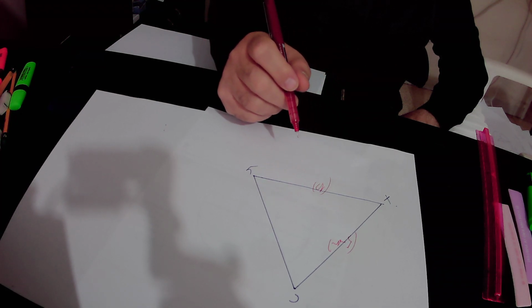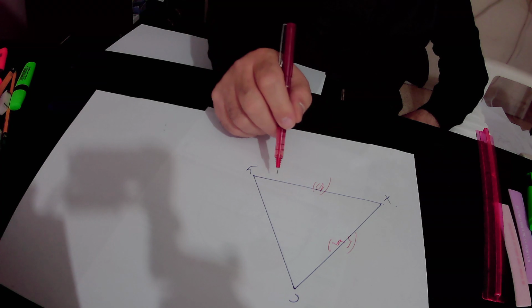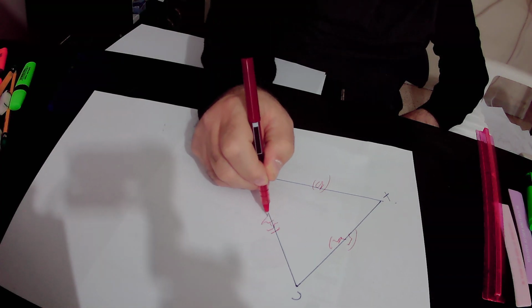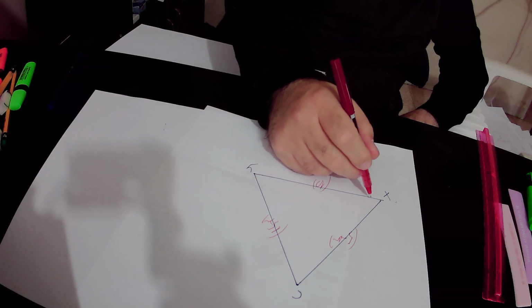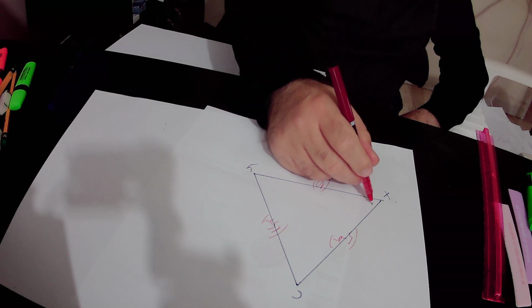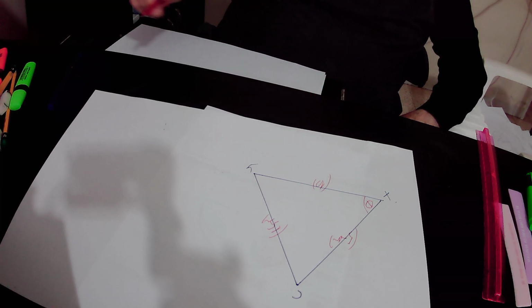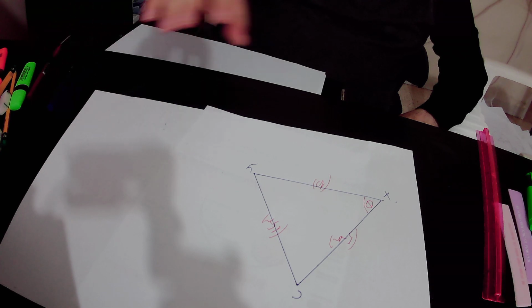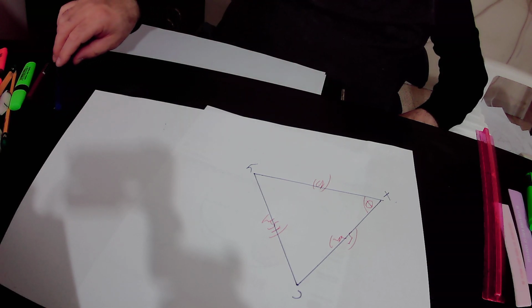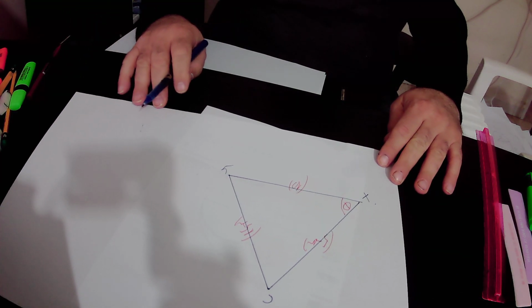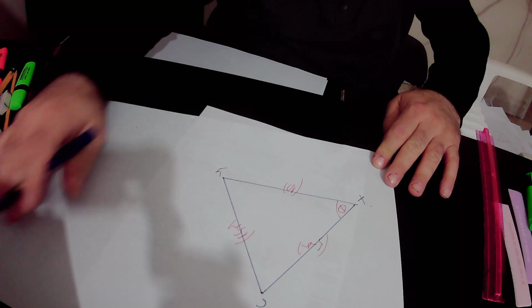And CY is equal to 15 minus R. And this is, of course, angle theta. So we will implement the law of cosines in this triangle, triangle CXY. This will be equation number 1.